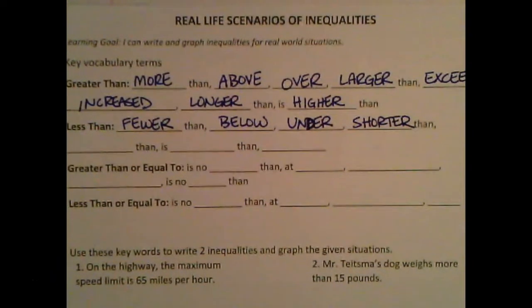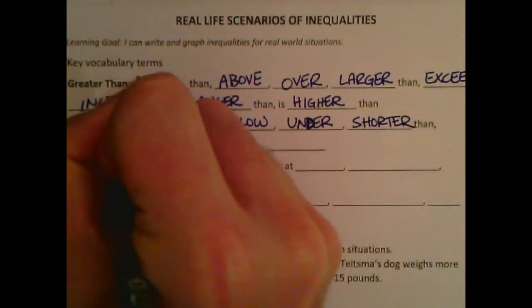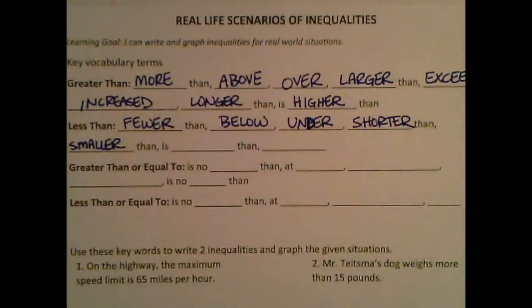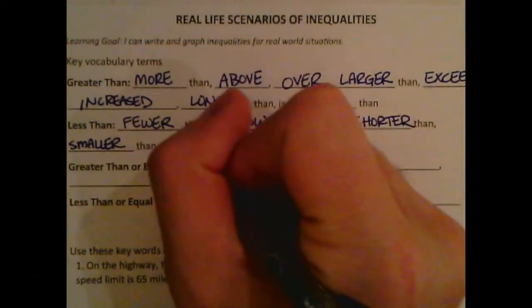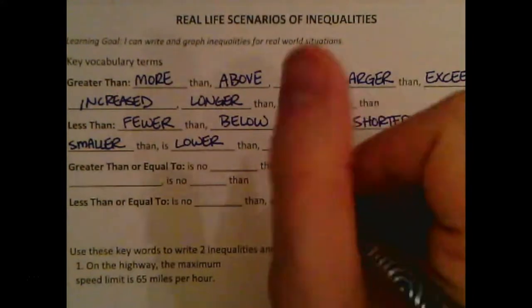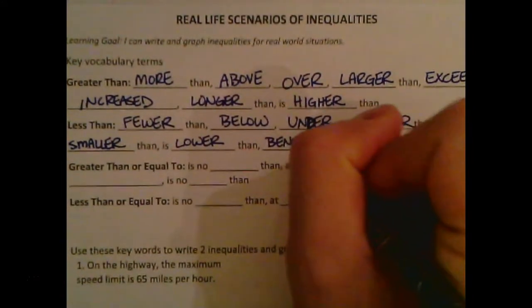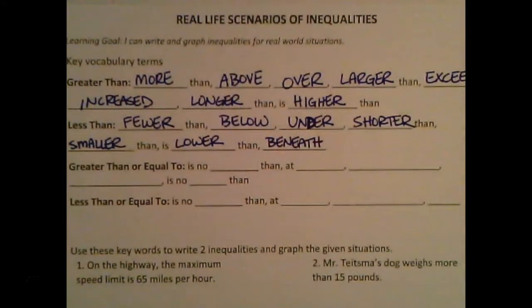Okay, and then we also have smaller than. Coming back to larger than. Okay, is lower than. And beneath. Okay, all of those are the vocab words for less than.